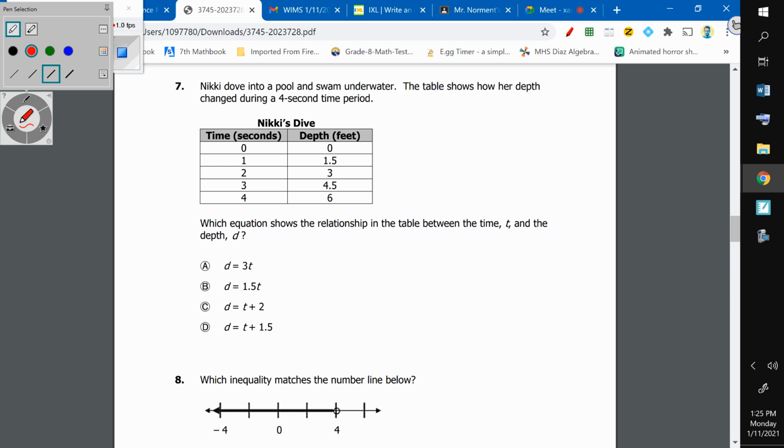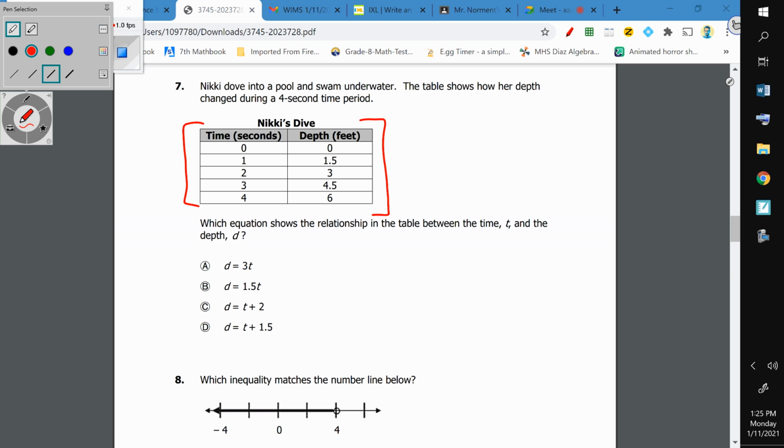So this is the table of her dive. Which equation shows the relationship in the table between the time t and the depth d? So only one of these equations, when you take one of these numbers and you plug it in for t, will you get one of these numbers for d?